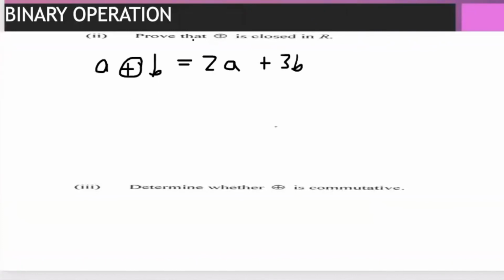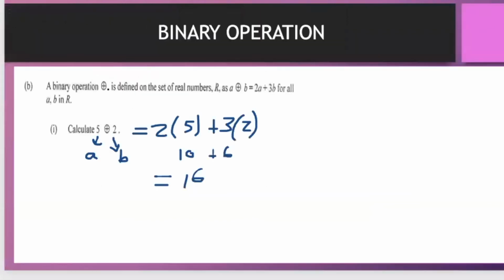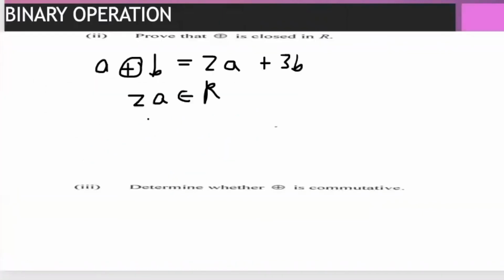Now, in the question, it states that A and B are real numbers. So it means that 2A is also a real number, since A and B are real numbers. If I multiply it by 2, it's still a real number. And if I multiply B by 3, it still remains a real number. So if I add these two real numbers, 2A plus 3B, it will still remain a real number.